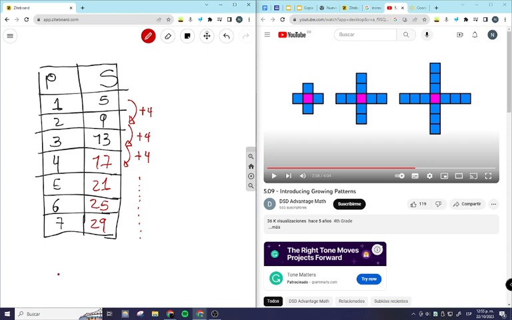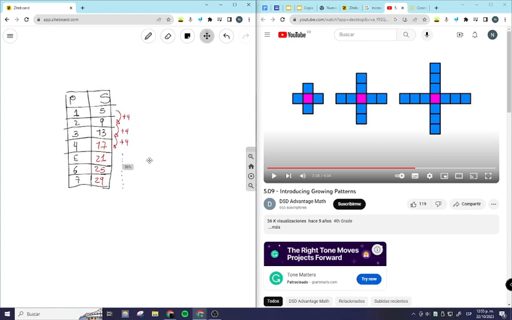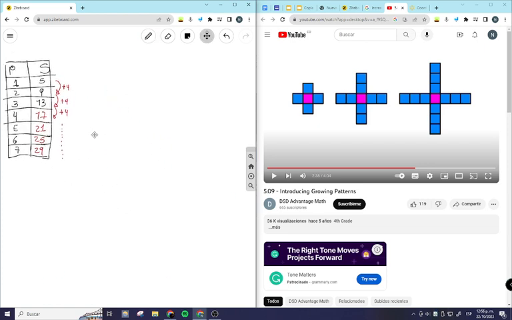Okay, so what's next? Usually in a patterns exam, you are going to be asked to describe the pattern in words. So what can you say about this? You can say that the pattern starts with 5 squares, and in each single position you are adding more.